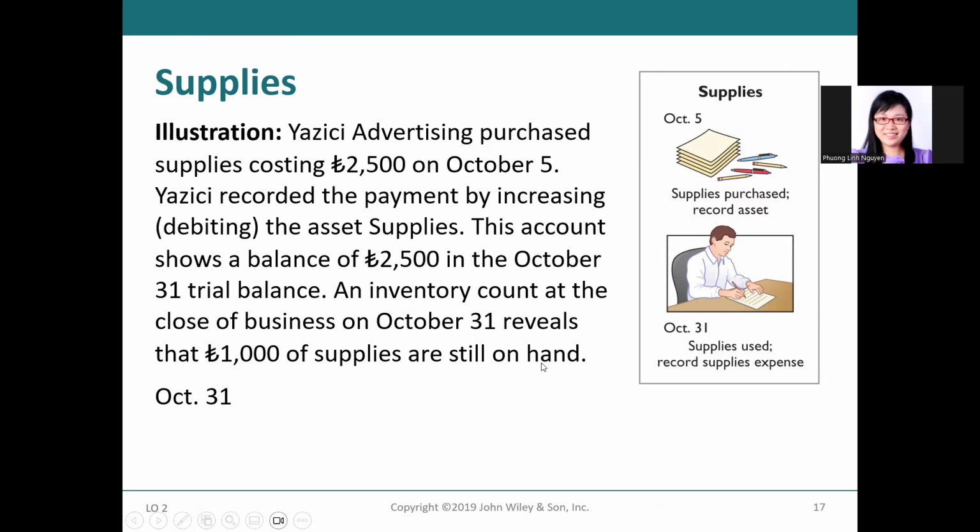So how much supplies did we already use? In the beginning, we have 2,500. Now we have only 1,000 on hand, so it means that we already used 1,500 of supplies. So the adjusting entry to record the supply expense would be debit supply expense for 1,500 and credit supplies for 1,500.